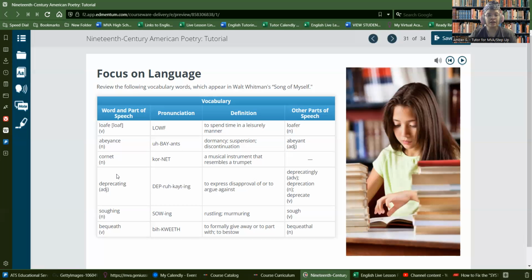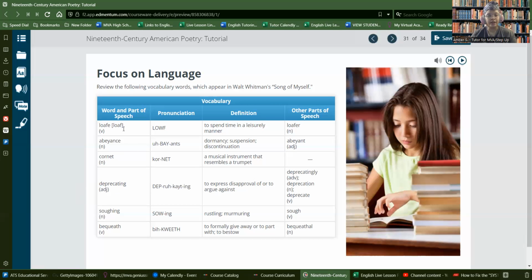And deprecating here, oh, I'm sorry, deprecating, different word. Deprecating is an adjective, so it describes a noun. Adjectives describe a noun. So for example, if you wanted a quick example of an adjective, tall is an adjective. That person is tall. You're describing the person, which is a noun, and giving us a picture of what they look like, or at least something about what they look like. So tall is an adjective.